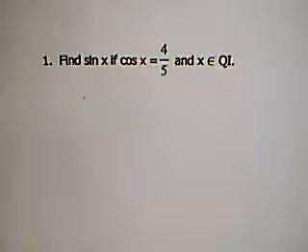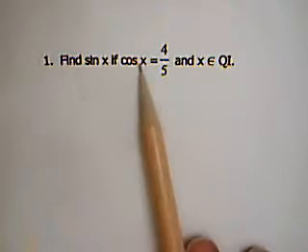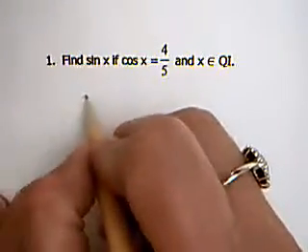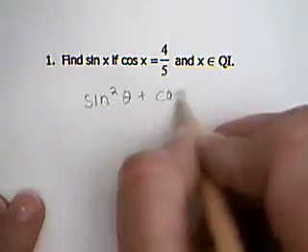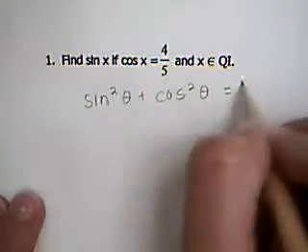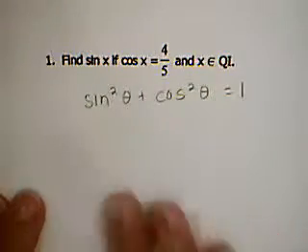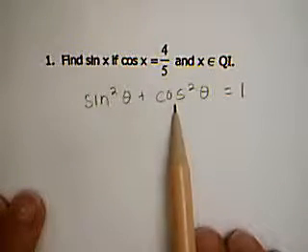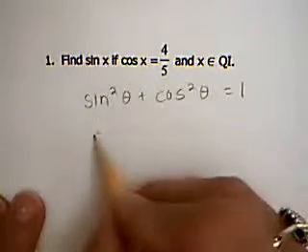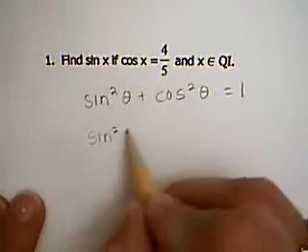So if I know that the cosine of x is 4/5, then I can use the Pythagorean identity, sine squared of theta plus cosine squared of theta is equal to 1. I actually know this value that I can plug into the equation.